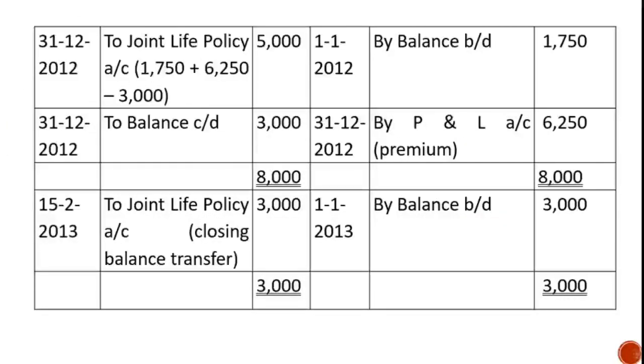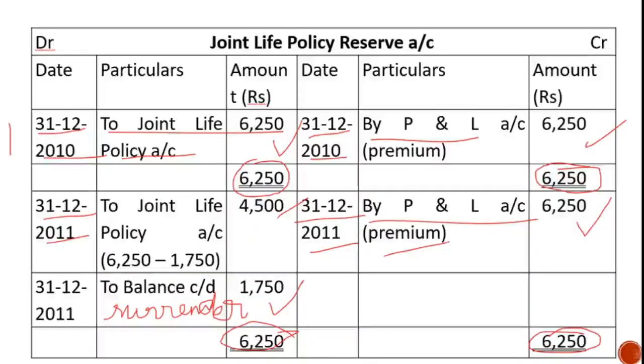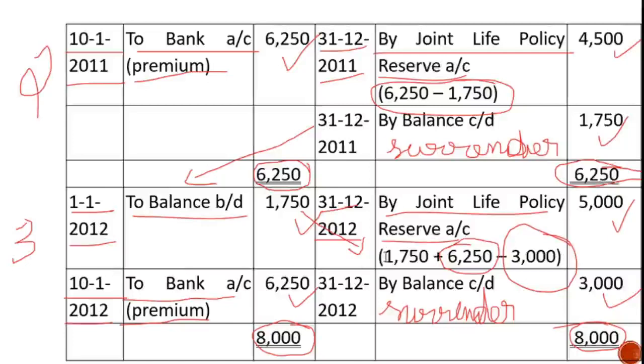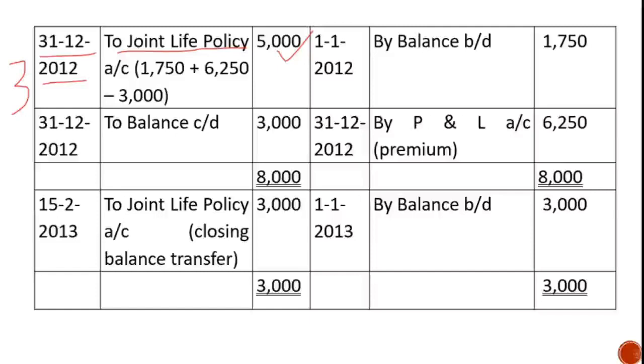Next, in the third year. First and second year are done. Now we will go to the third year. So in the third year, we will record first 31/12/2012 to joint life policy of 5,000 rupees. If you see here in the third year, we have a by joint life policy reserve account of 5,000. That reverse entry will be recorded on the debit side, that is 5,000.